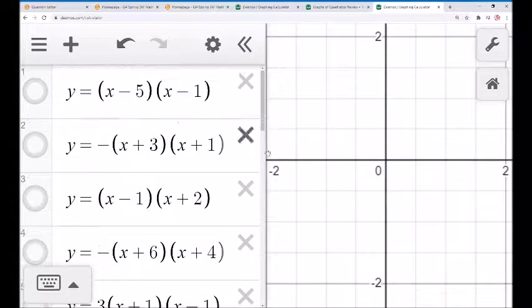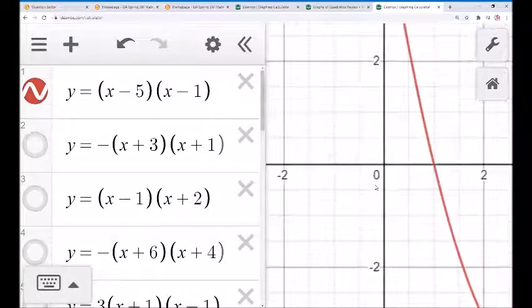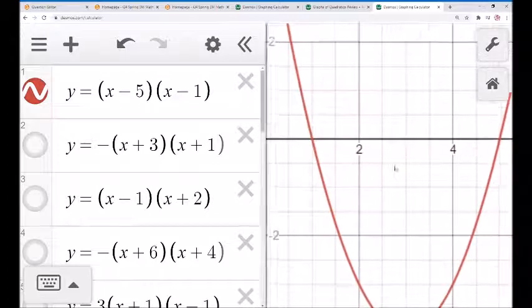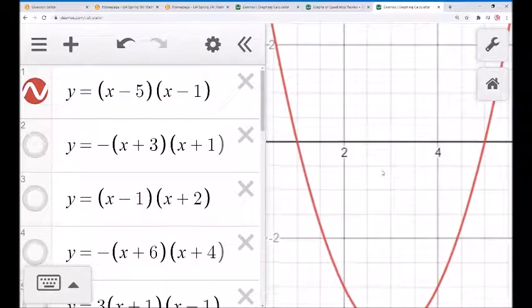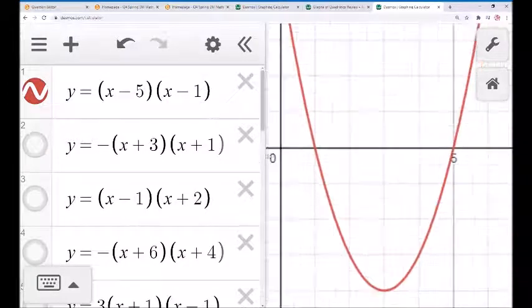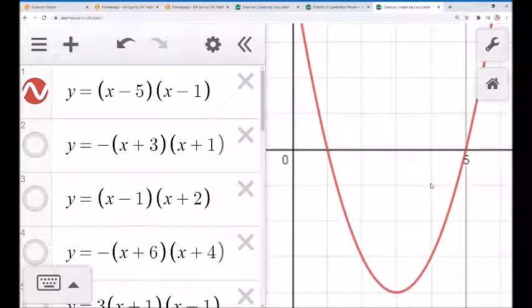Okay? So what I'm going to do here first is show you this equation, and this graph. Now you can pause it here, but I'm going to give you about 30 seconds to figure out, is there a connection between this equation here and what you see in this graph?